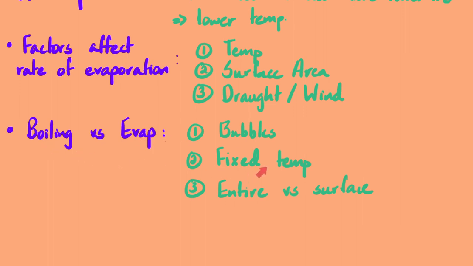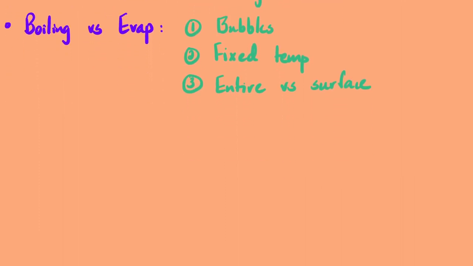Boiling only takes place at a fixed temperature, whereas evaporation can take place as long as the state of matter is a liquid. The third difference is that boiling takes place inside the entire liquid, whereas evaporation just takes place on the surface. Let's now go on to the third chapter, which is transfer of thermal energy.